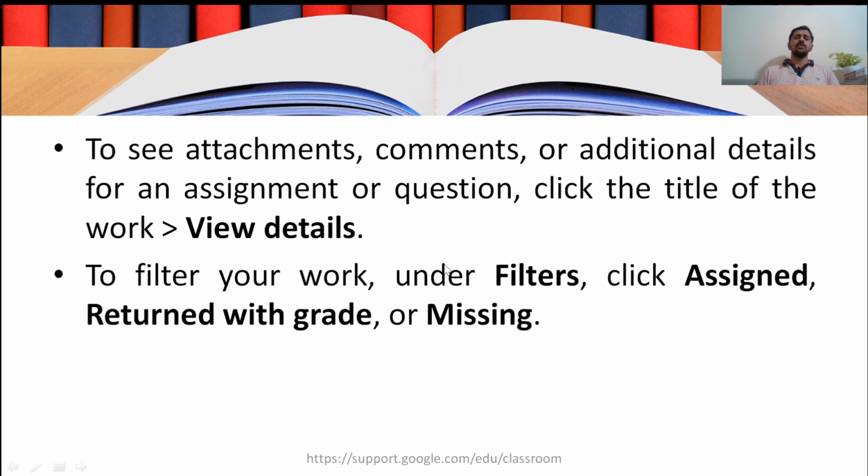Or you can filter your work: assigned, returned with grade if the teacher has already evaluated your assignment and returned it to you. So that will be the returned with grade. If you have missed any assignment, that will also be there in the filters. You can use the filter for seeing any particular type.